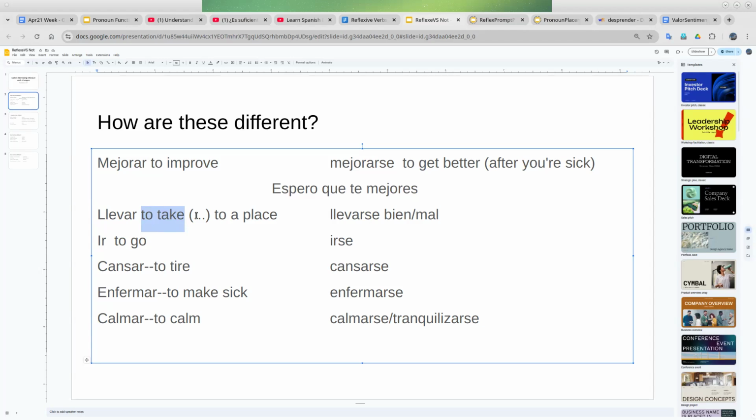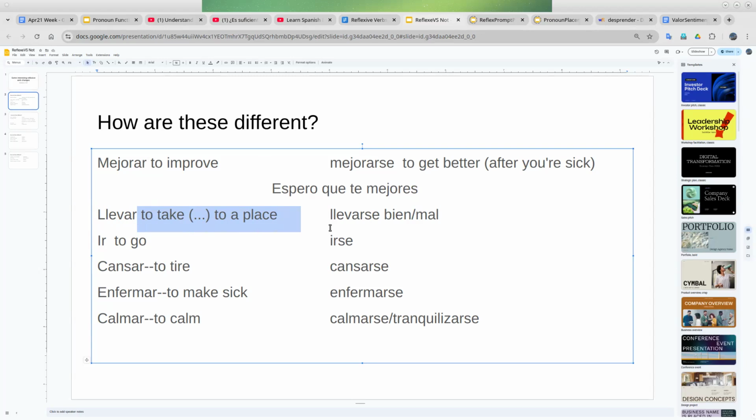That's llevar, right? You take something or somebody to a place. You take flowers to your host of a dinner.